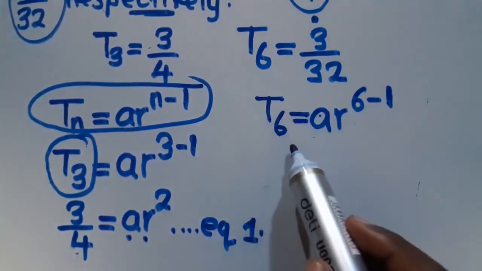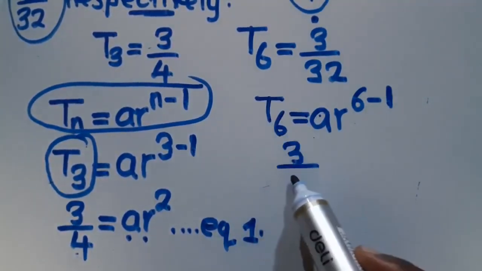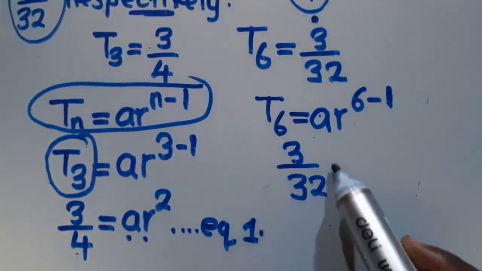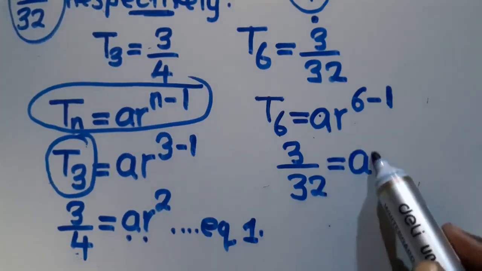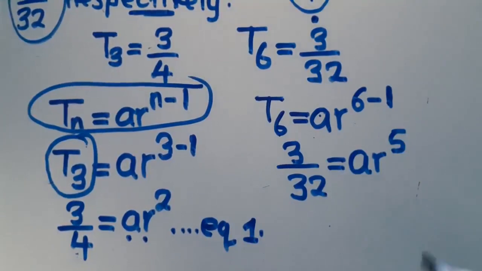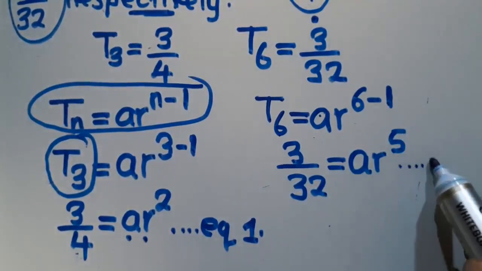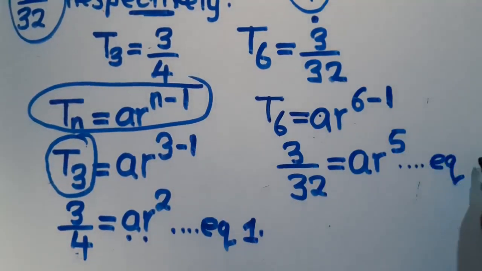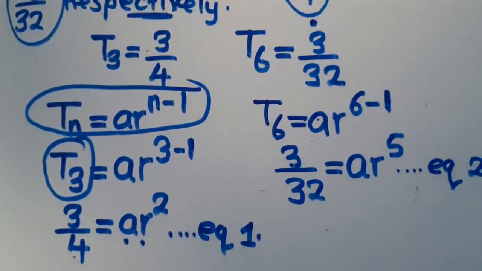The sixth term is 3/32, which is equal to ar^5. This is my equation 2.